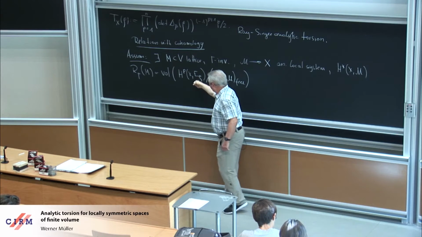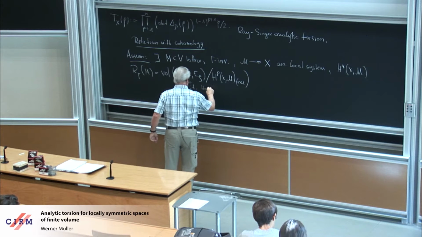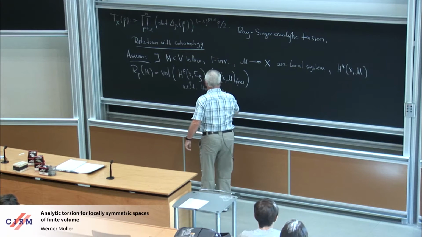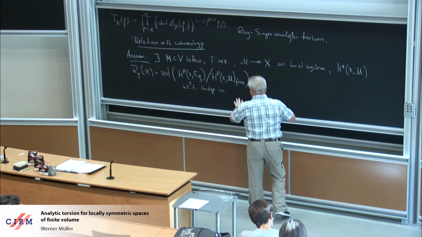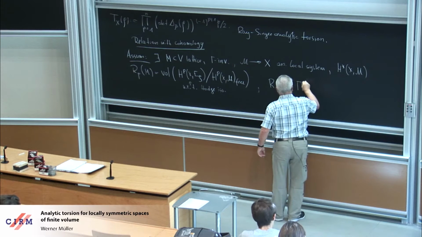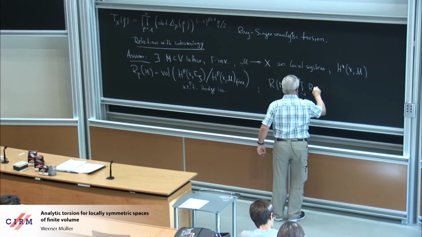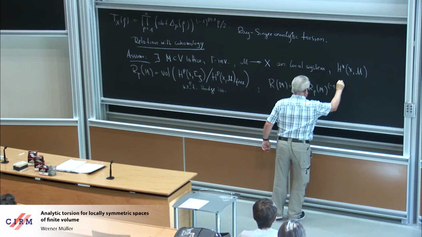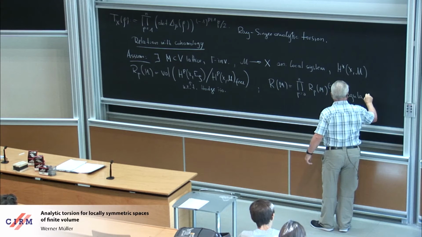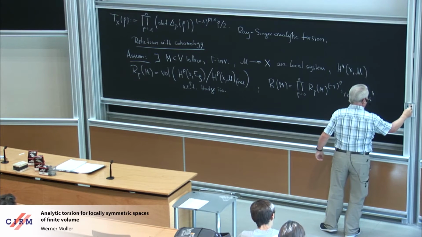Of course, this is with respect to the de Rham isomorphism, so we use the inner product induced by the harmonic forms. Well, this is the co-volume of the free lattice, and then we consider the alternating product. This is called the regulator.